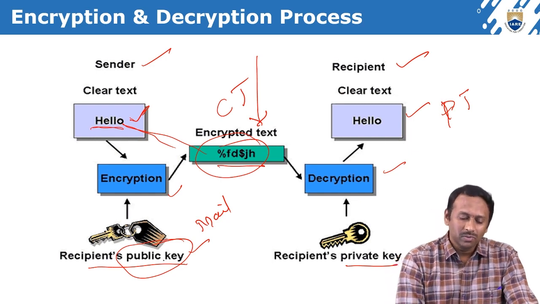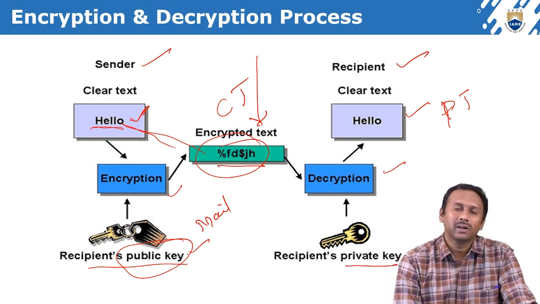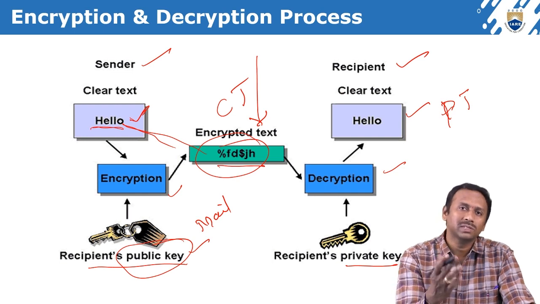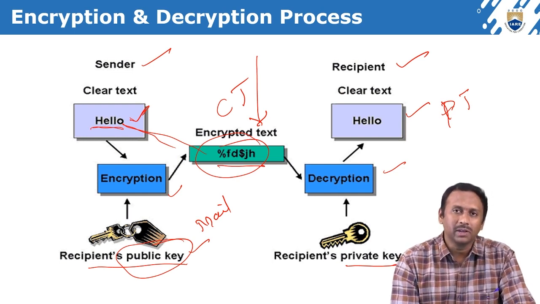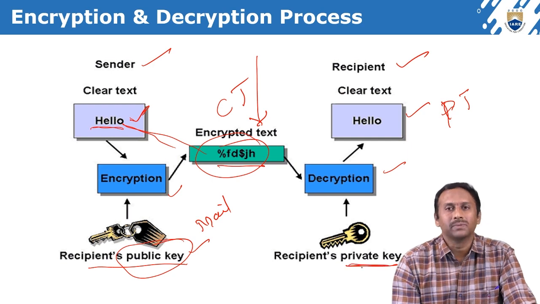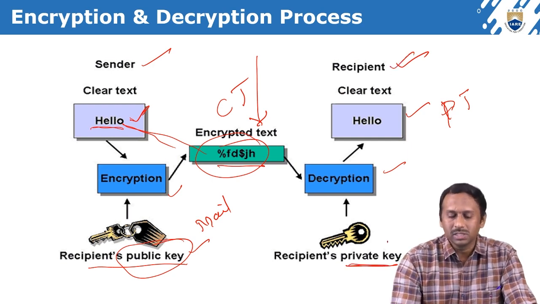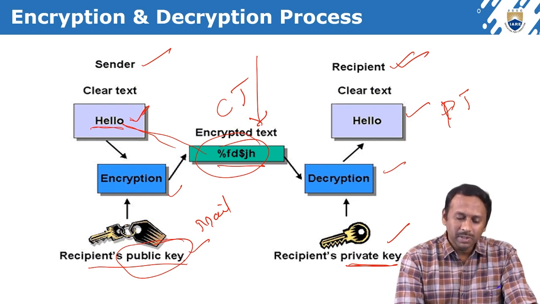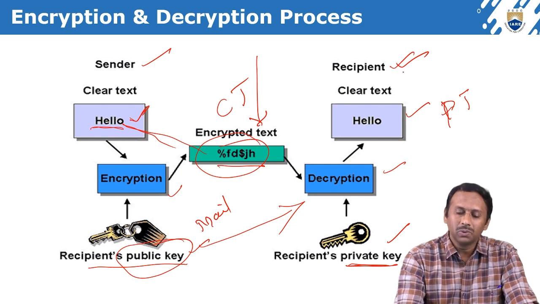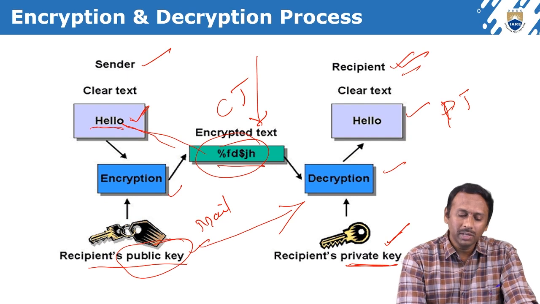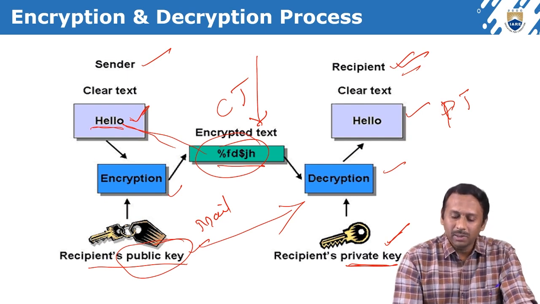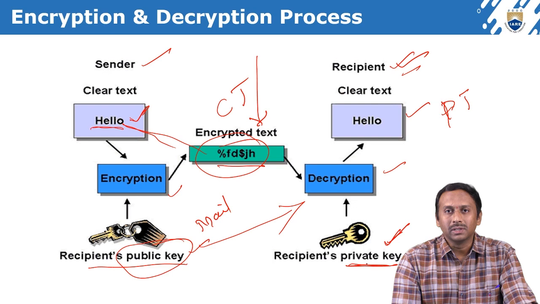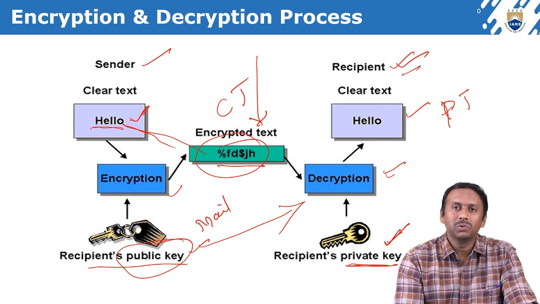Like this, the public key is known by everyone across the world. Whoever the user or system is, they can know the public key. The private key is like a password. Only the recipient knows the private key. The public key is yours, and the private key is known only by you. With the help of the public key they can encrypt, and only you, with your private key, can decrypt.